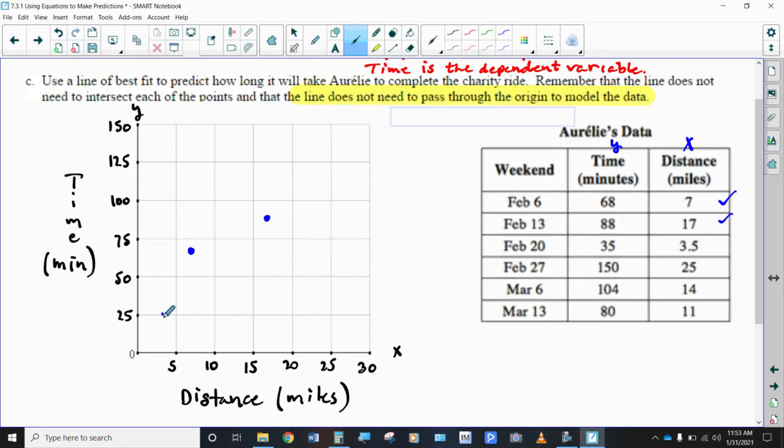And then 35, that would be 25, 30, 35 is probably going to be somewhere around here. 25 and 150, that's an easy one. That goes right there. And then 14 and 104, 14 is right around here. And 100 is there, so 104 is going to be somewhere around here.